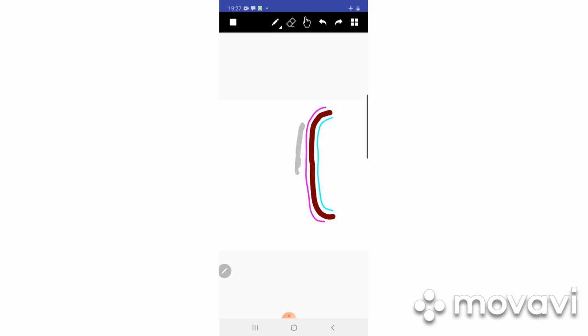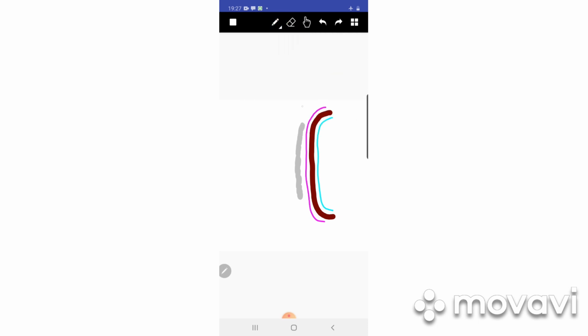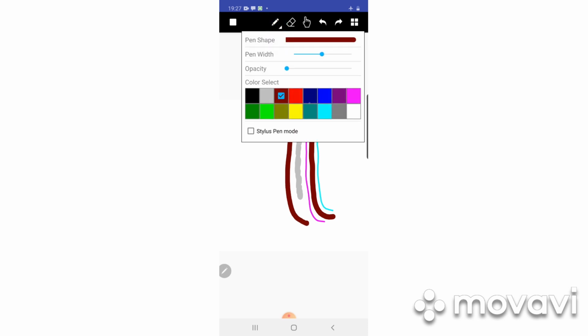External to the buccopharyngeal fascia, we have the buccal pad of fat. Outer to that is the masseter. All of us know that the masseter is an important muscle concerned with mastication.